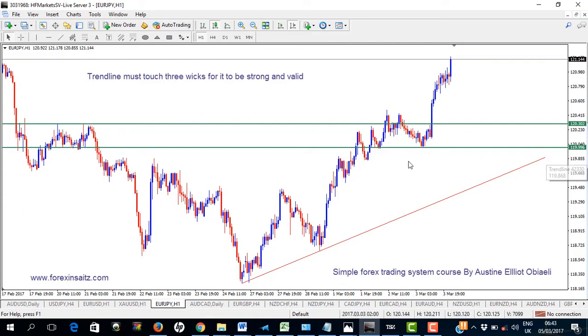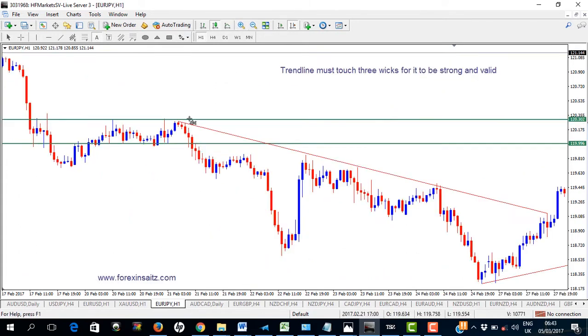Now, I repeat, the only rule guiding a trend line is this. It's simple and short. Your trend line must touch at least 3 points. At least 3. The 3 is enough for it to be a valid one. Now when you look at this, it touches how many? 1, 2, 3.